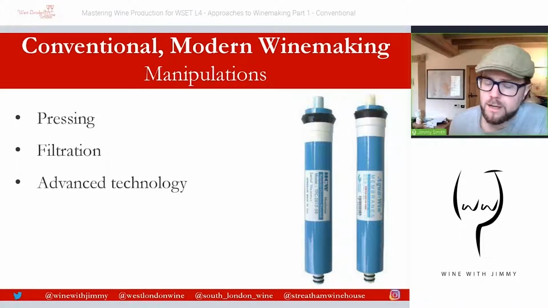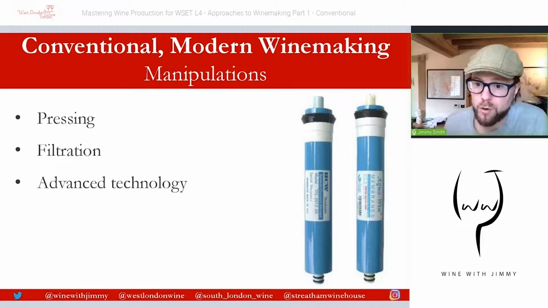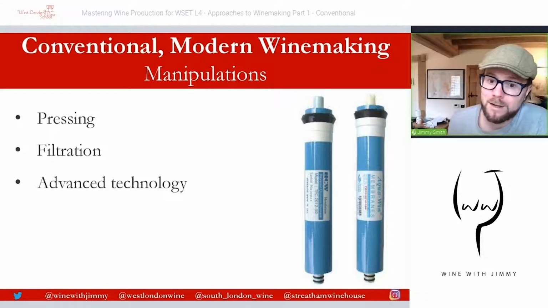So this process is a form of cross-flow filtration. It's quite a mouthful. It removes a flavorless permeate of alcohol and water, which can be distilled to remove the alcohol. The permeate is then blended back to recreate the wine.